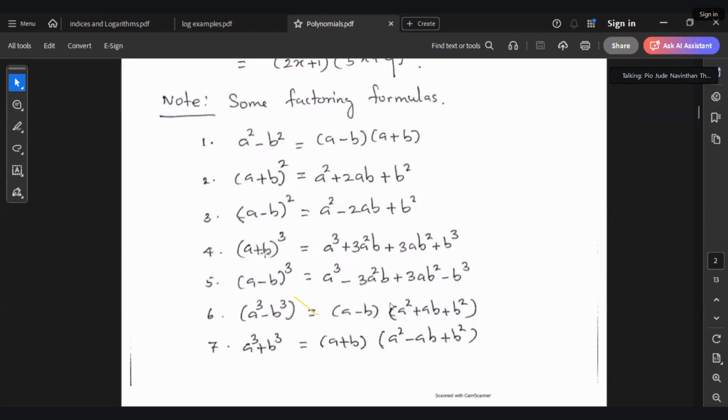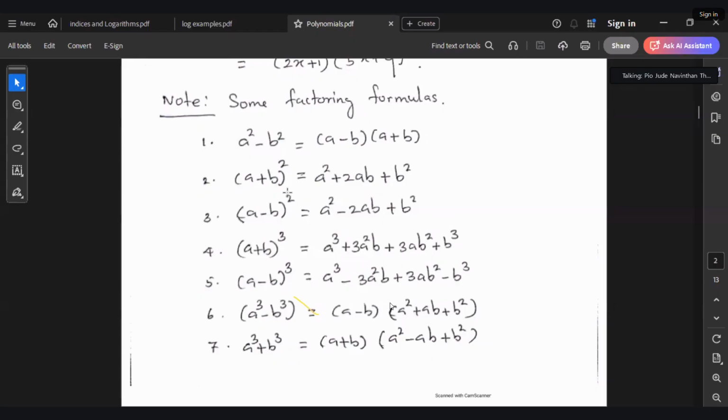And here also, the fourth one, you can see A plus B. So every element is plus. And if you have minus, what will happen? The first element is plus, second minus, again plus, minus.